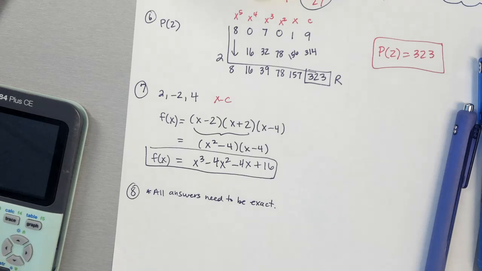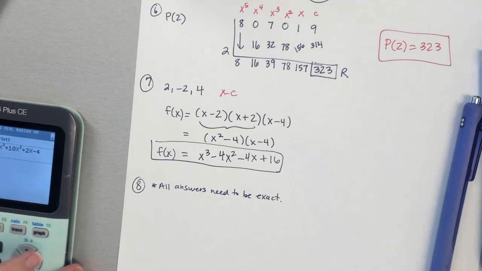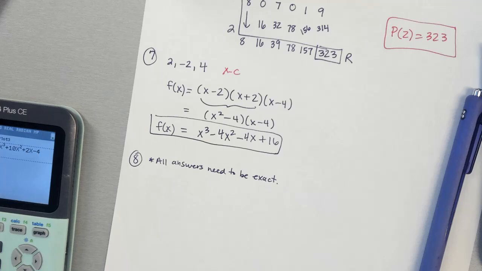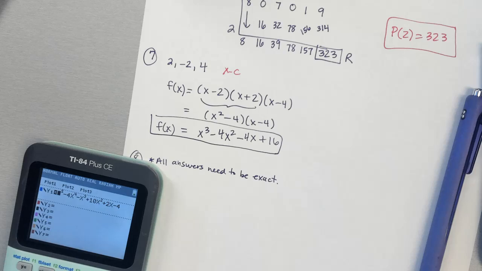Yep, let's use our graphing calculator to plot your polynomial. You guys read me what it is. 3x to the 4th. 48x.